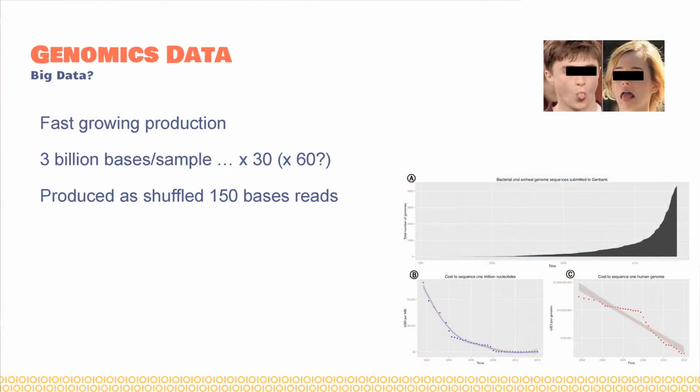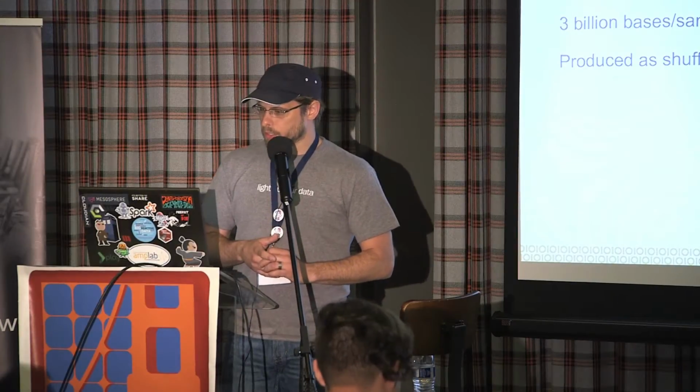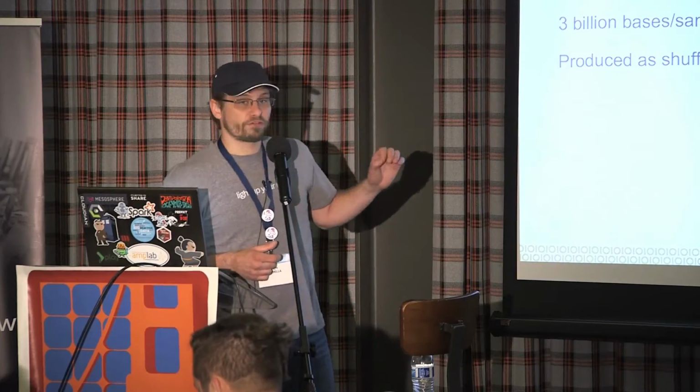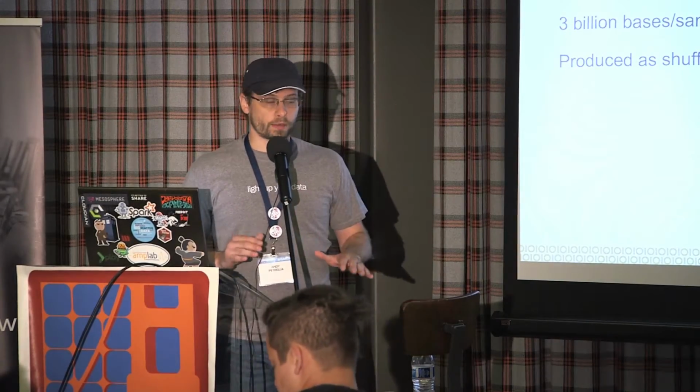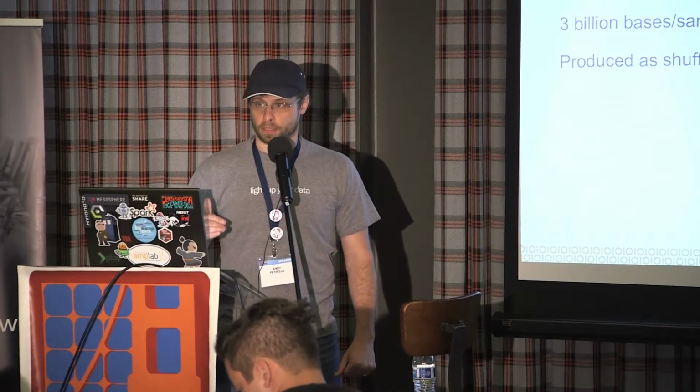So, genomics data. Who is familiar with genomics information here? Okay, so I can give a few information about it really quickly. So first thing is that it's ramping up very fast in production right now, the number of genomes that we are producing every day, right?